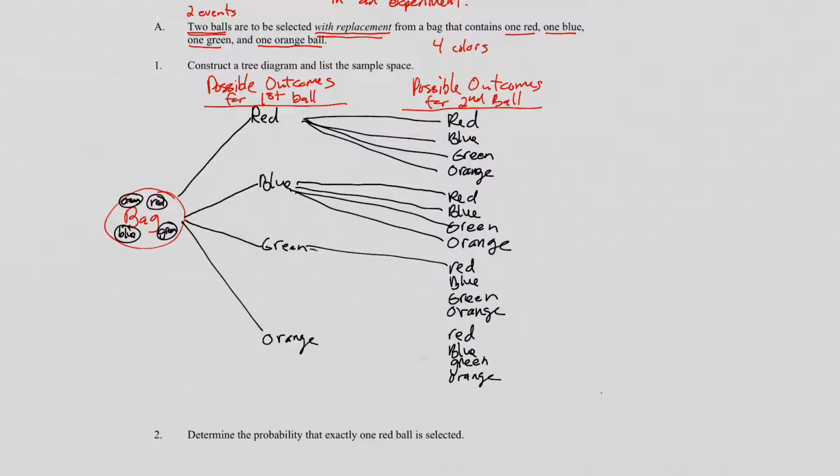So red, blue, green, orange, red, blue, green, orange. This is what we mean by a tree diagram. It looks like a tree; they branched out. Now, from these we can create our sample space. So we're going to make another column for sample space over here.